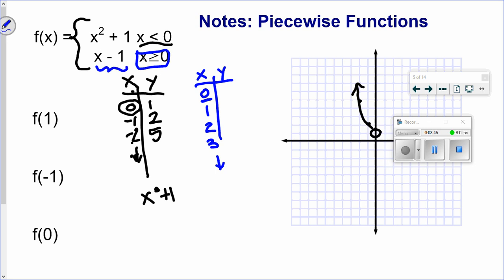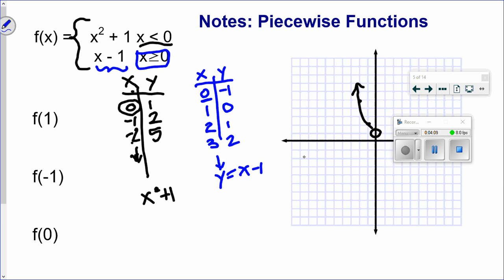Remember, this half tells me the domain, what I'm counting by, and this half shows me what I'm plugging it into. So this is y, remember, f of x is y equals x minus 1. So I have 0 minus 1 is negative 1, 1 minus 1 is 0, 2 minus 1 is 1, 3 minus 1 is 2.